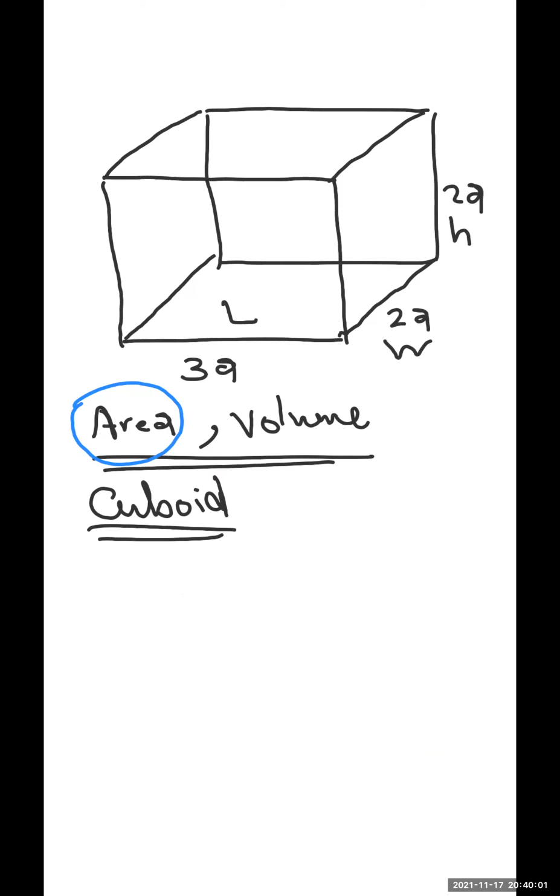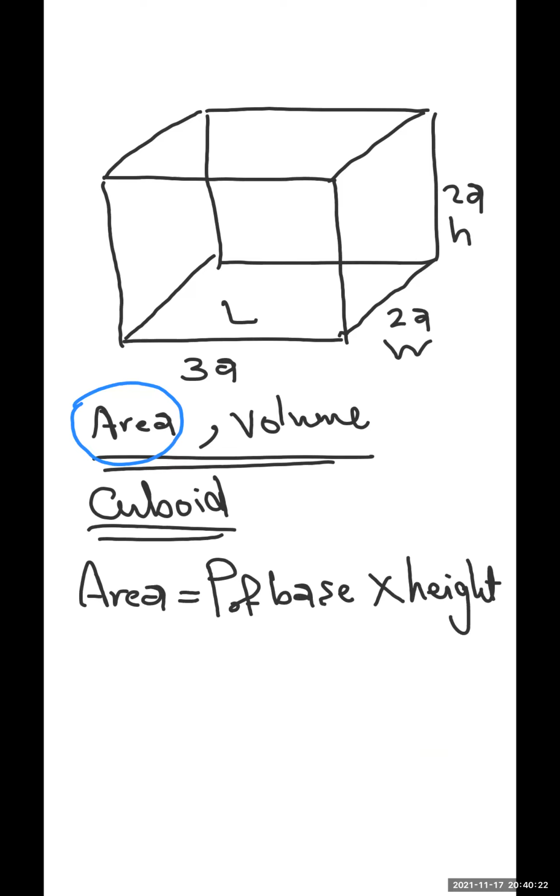Remember that, guys, the area of the cuboid equals the perimeter of the base multiplied by the height. Also that rule we studied before. So perimeter of the base means it's the length plus width times 2, times height h.